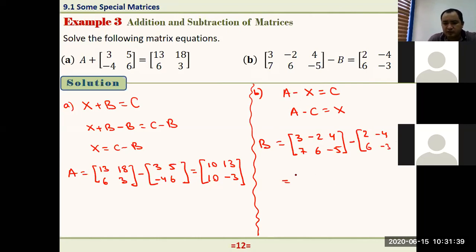Which is equal to, again, the resulting matrix will be 2 by 2. 3 minus 2 is 1. Negative 2 minus negative 4 is 2. 4 minus 9 is equal to 5. 7 minus 6 is 1. 6 minus negative 3 is 9. Negative 5 minus 4 is negative 9.